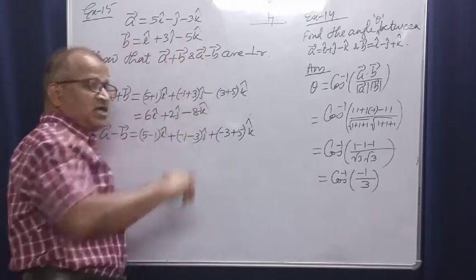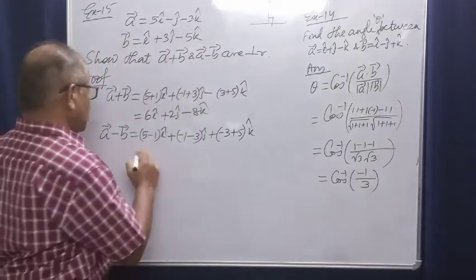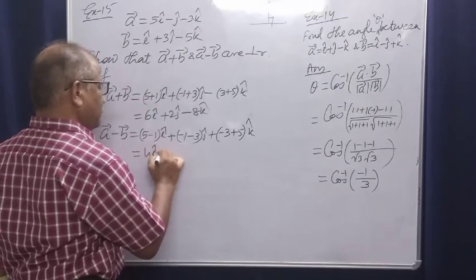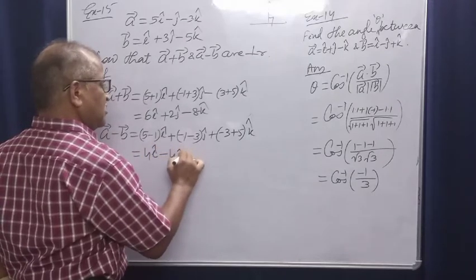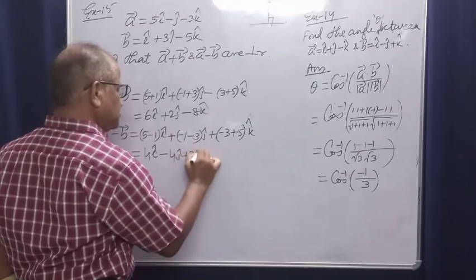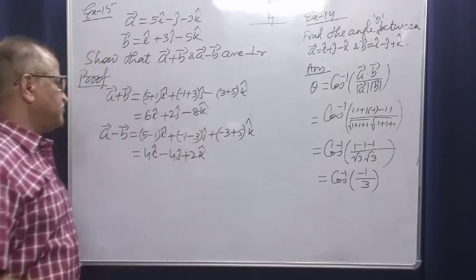Minus minus will be plus, right? So it will be 4 i cap minus 4 j cap plus 2 k cap, right?